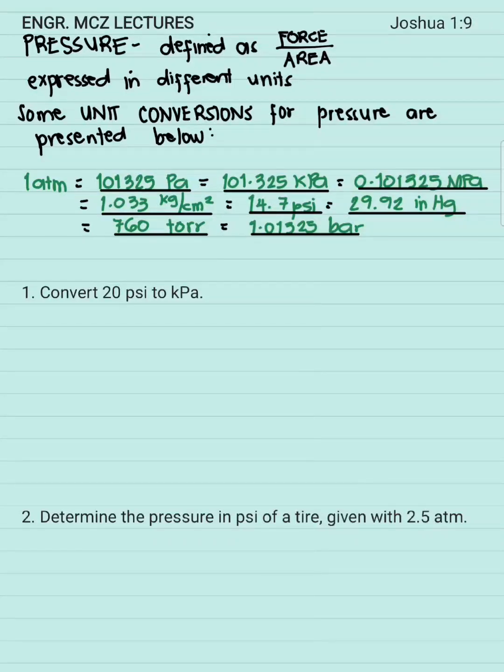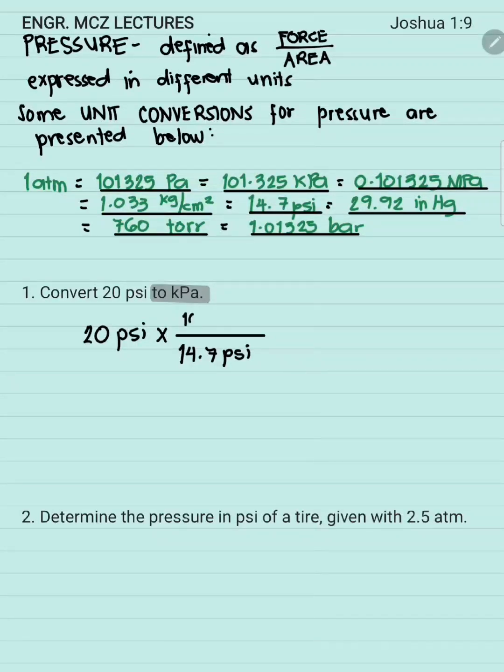So let's solve problem number 1. Let me read it first. Convert 20 psi to kilopascal. We are asked for the unit of kilopascal, and we are given a pressure of 20 psi. We multiply it by 101.325 kilopascal for every 14.7 psi.